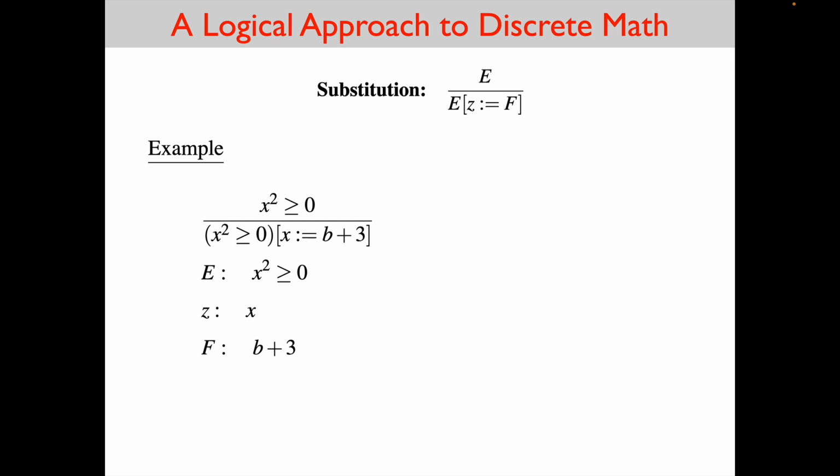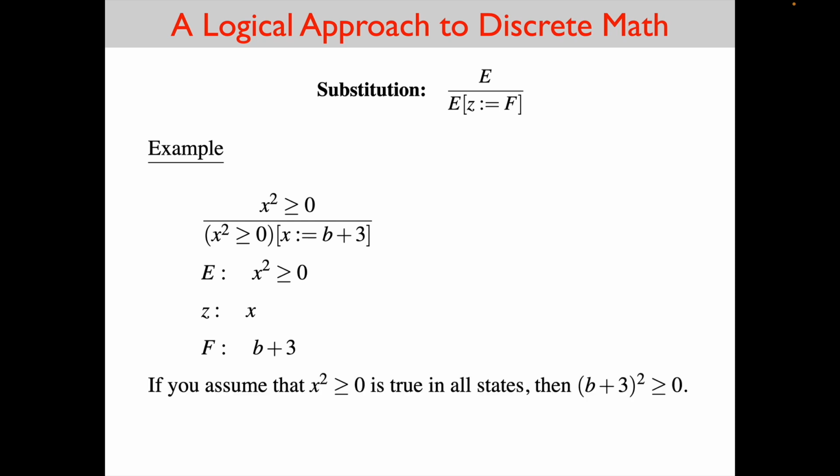And so what is this saying? Why is this statement true? Well, what happens below the horizontal line if you take x squared greater than or equal to 0, and everywhere there is an x you replace it with the expression b plus 3? Well, here's what you get. You get parentheses b plus 3 quantity squared is greater than or equal to 0.